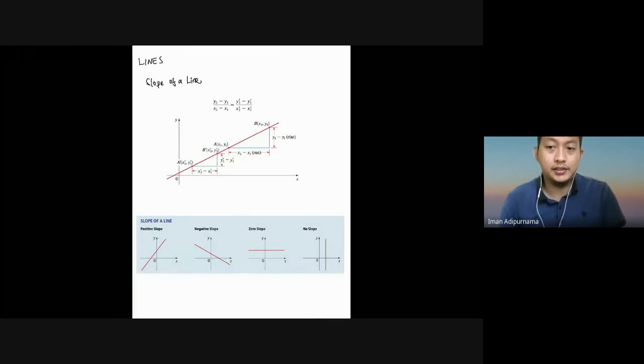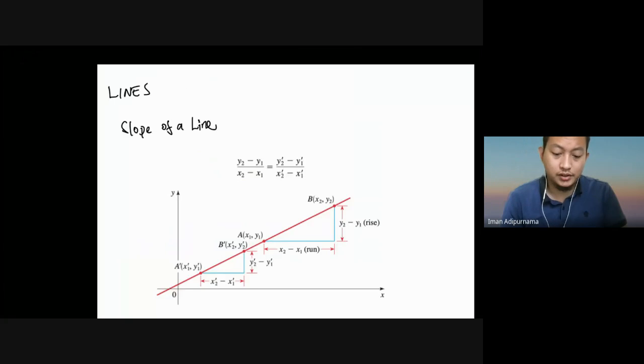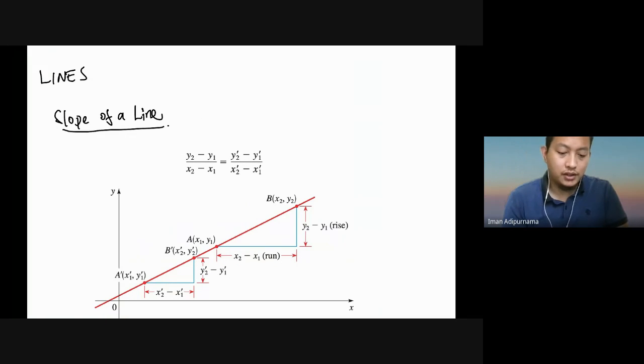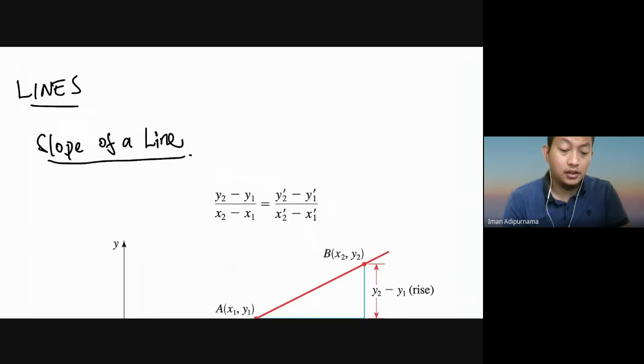Okay, let's move on to our topics today. I will start with line equations and the slope of a line. A line is basically a combination of points.